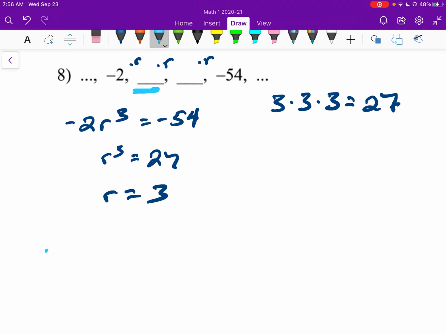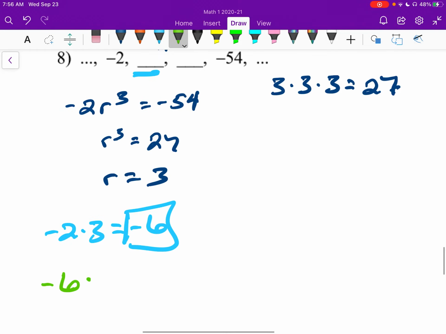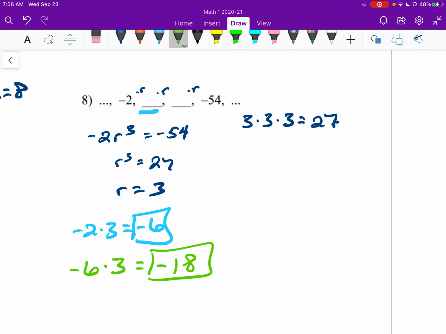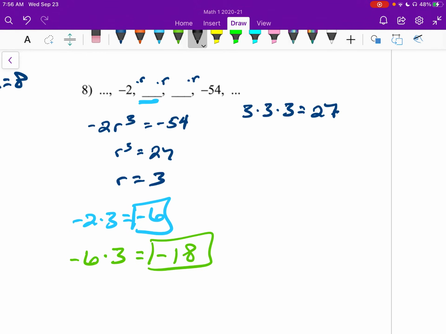Negative 2 times 3 is negative 6. Then negative 6 times 3 is negative 18. Just to check myself, negative 18 times 3 is negative 54. So we're in the clear.